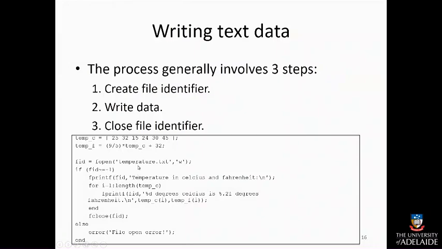And we have opened this file. This is called temperature.txt, and we are printing the values of the temperature into this file. And then the important thing is that you need to close the file. This is something I mentioned in the last lecture as well.